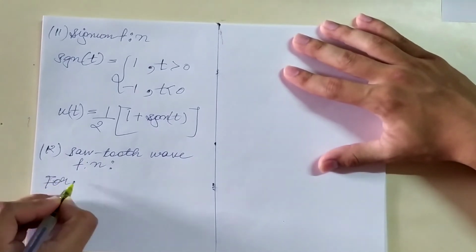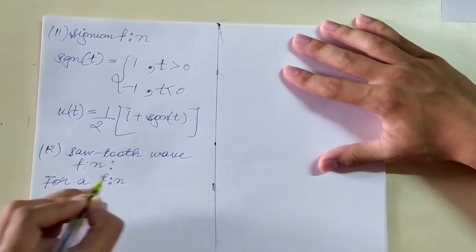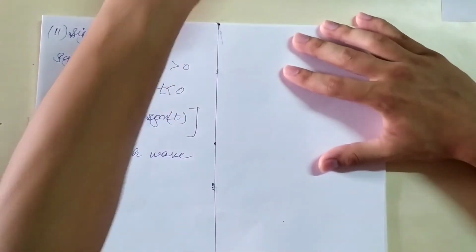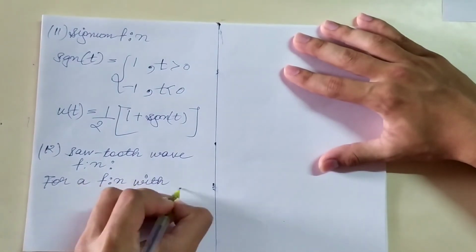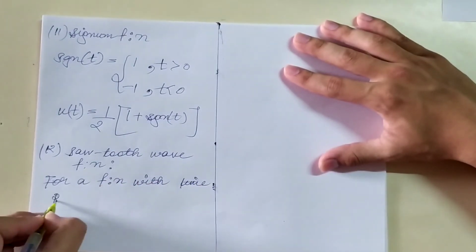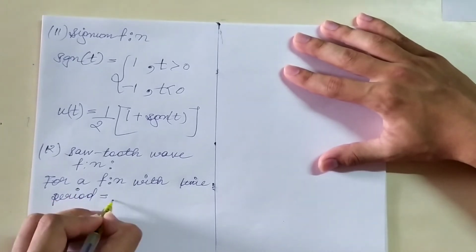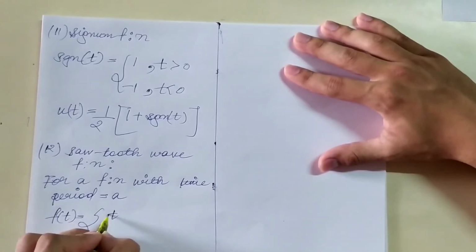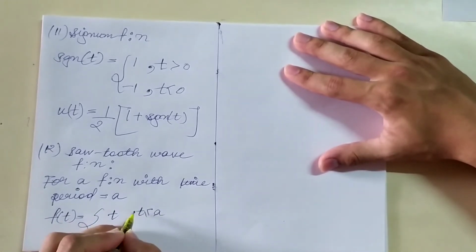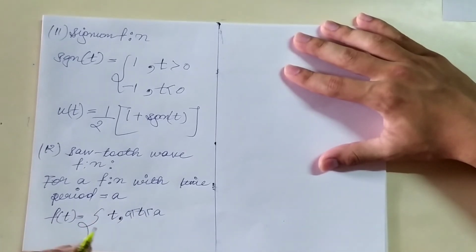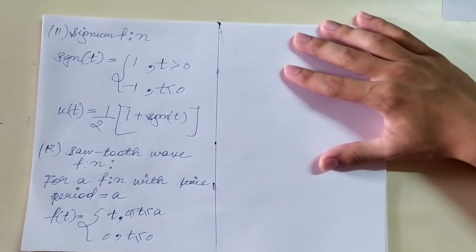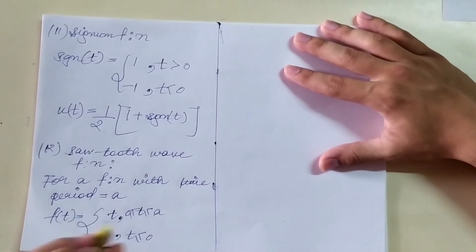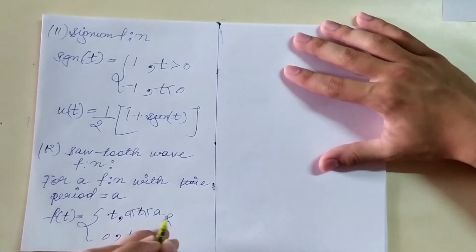For a function with time period equal to a, the sawtooth function f(t) is equal to t for t less than or equal to a and greater than or equal to 0, and 0 for t less than or equal to 0. So for t less than or equal to 0, the sawtooth function remains 0, and f of t plus a is f(t).